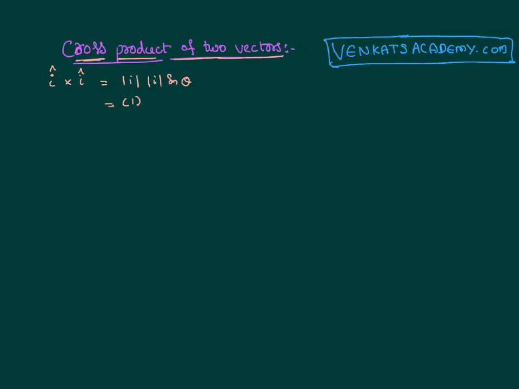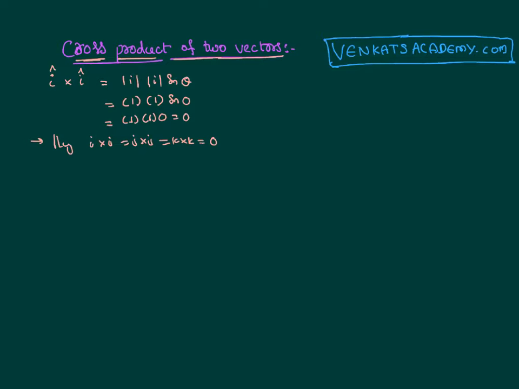I know that the magnitude of the unit vector I bar is 1, the next is also I bar, 1, and they are in the same direction, therefore theta is 0, but I know sine 0 is 0, therefore the answer is 0. I can say, similarly, I bar cross I bar, or j bar cross j bar, or k bar cross k bar is equal to 0.